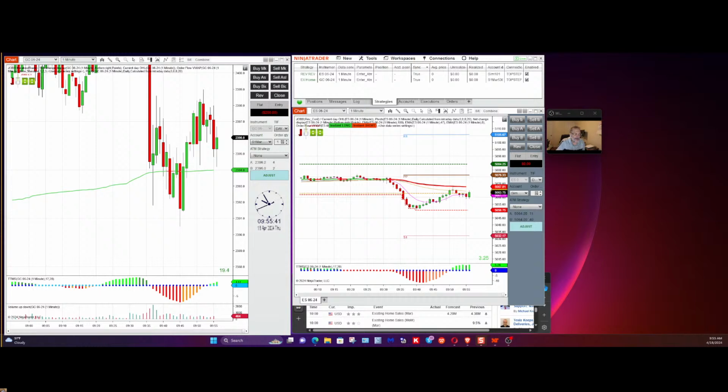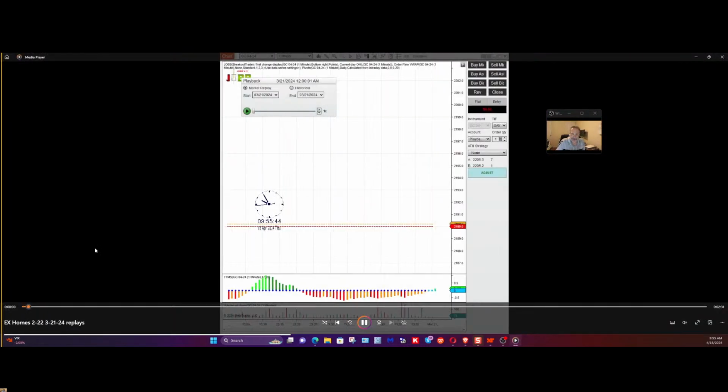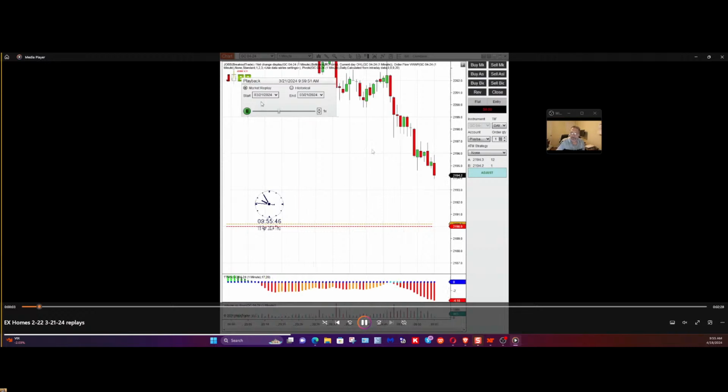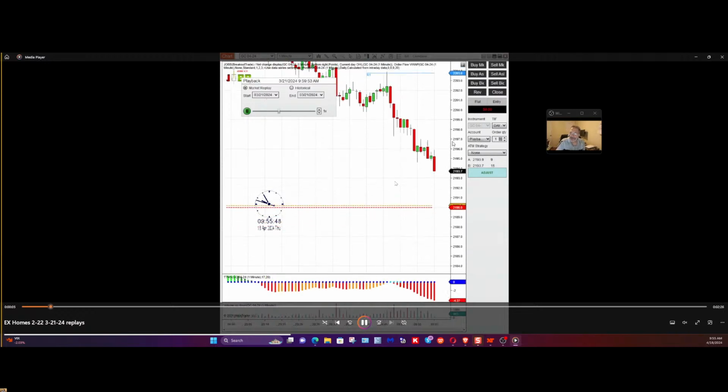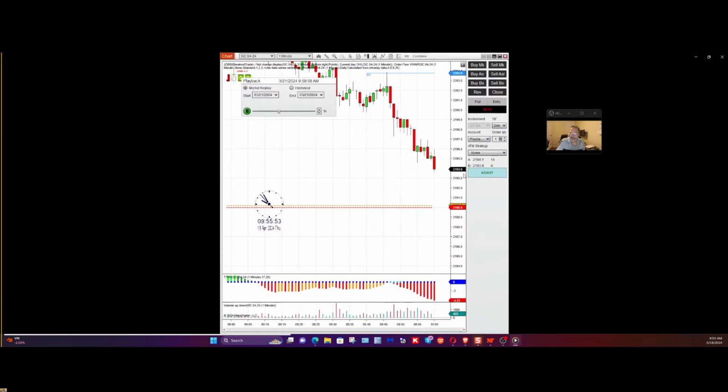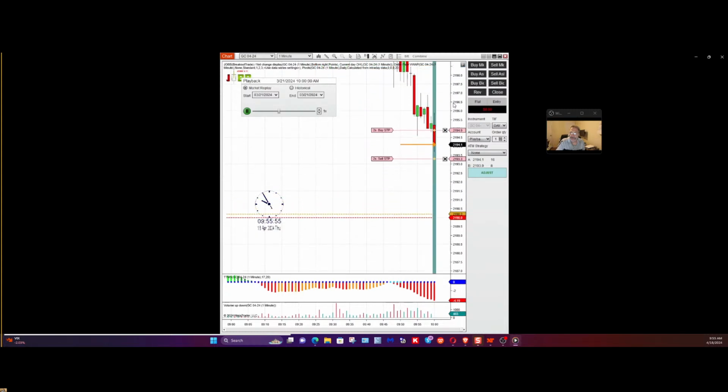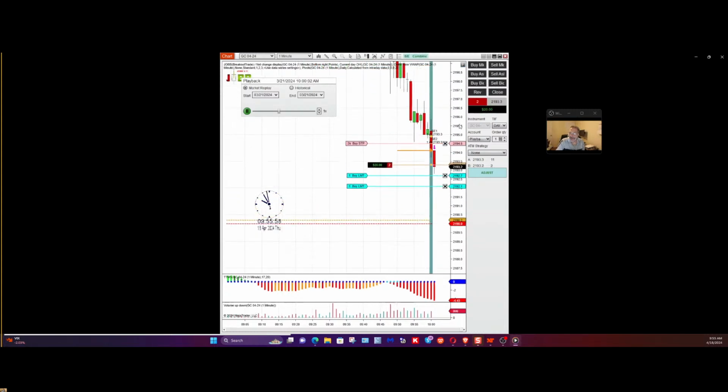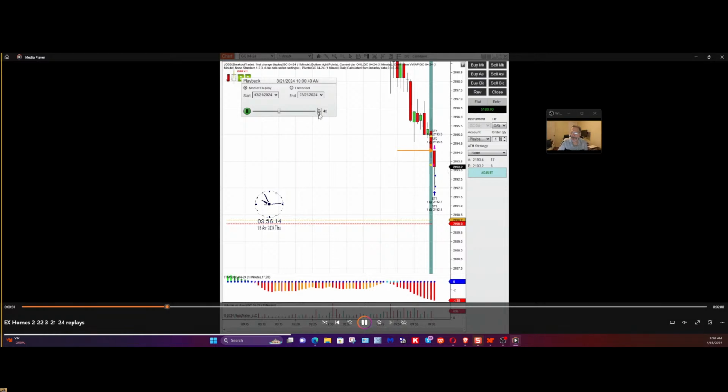So one more time, this was last month's existing home sales. Eight tick bracket, filled pretty quick, chopped around a little bit, and then it burst down. Now that was sped up a little bit.